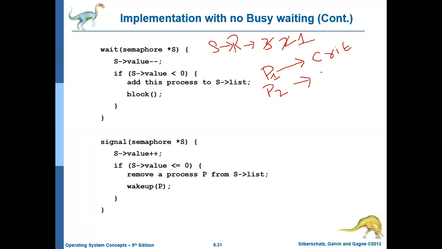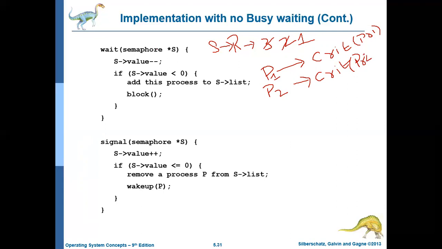So this process also enters the critical section and gets printer 2. So P1 got printer 1, and P2 got the shared resource, printer 2.